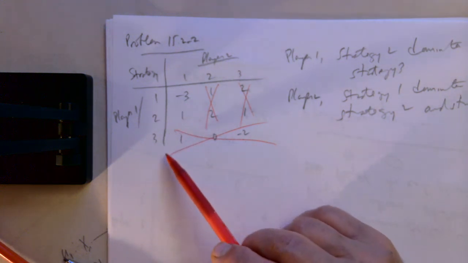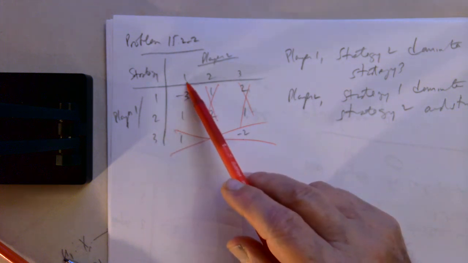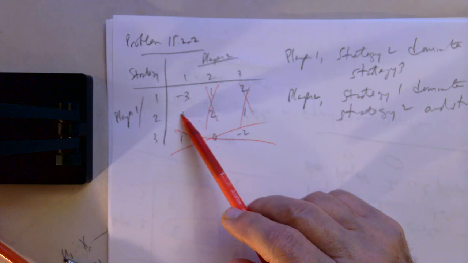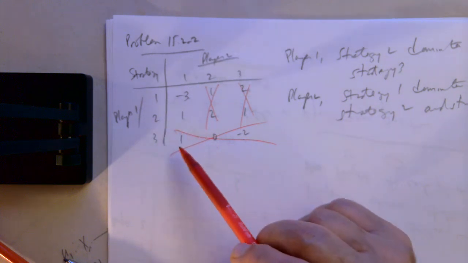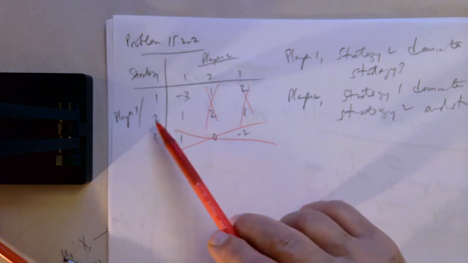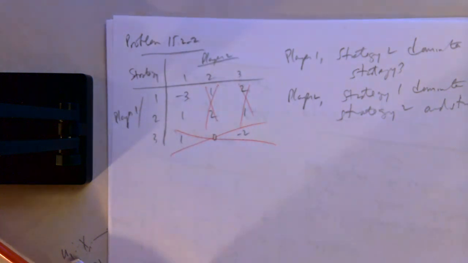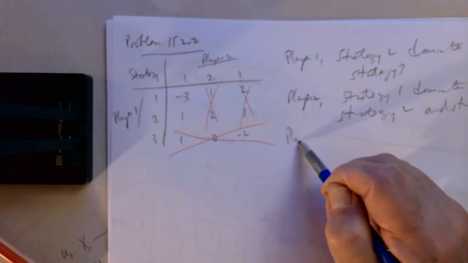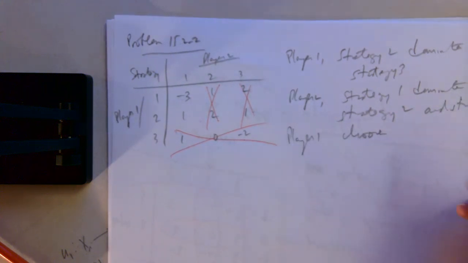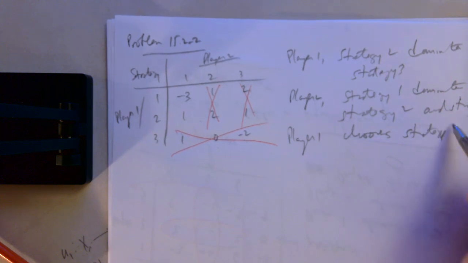And player 1 knows that. So player 1 knows that player 2 is going to choose strategy 1, and player 1 has 2 choices. He can either choose strategy 1 and lose 3, or choose strategy 2 and win 1. And of course, player 1 chooses strategy 2.